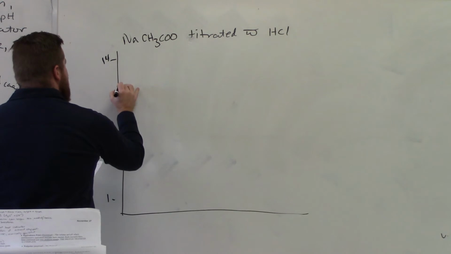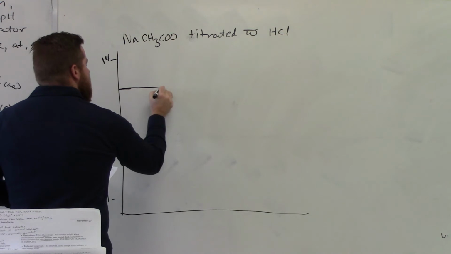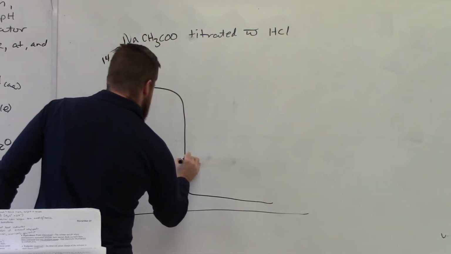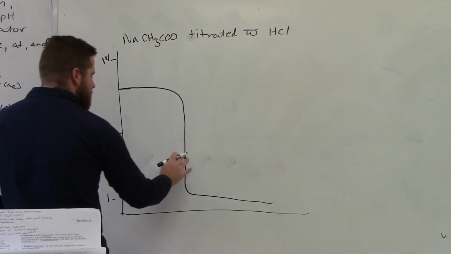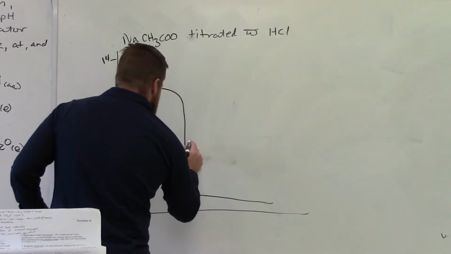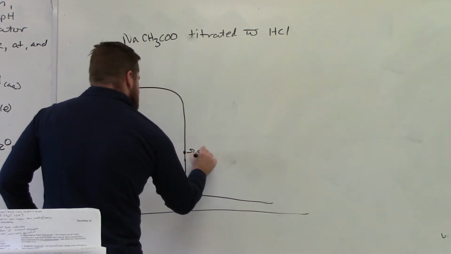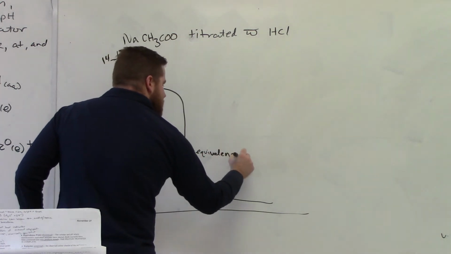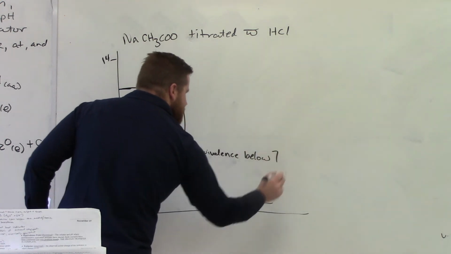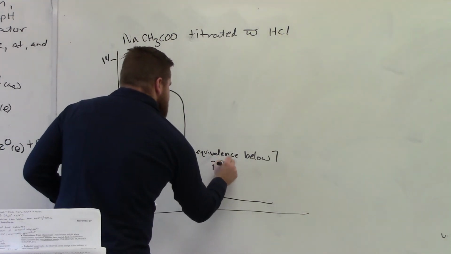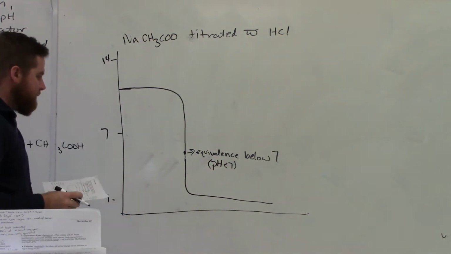So the pH is going to be closer to 7 when we initially start. And then when I make my titration curve, the equivalence is below 7. So pH should be less than 7, and I need to show that on my graph.